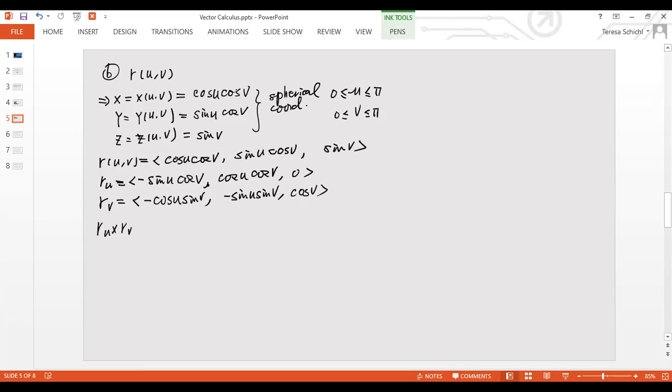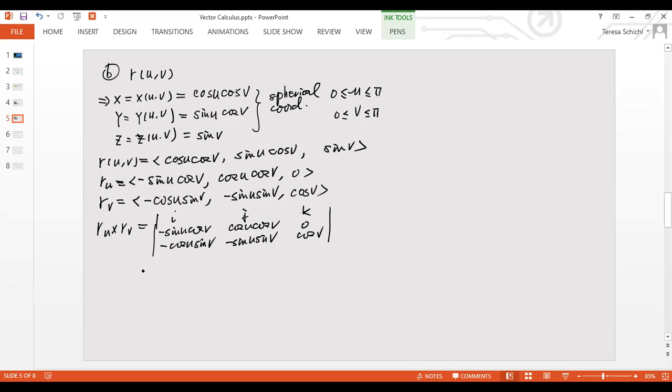Okay, so now we do the r_u cross r_v. So basically you put this into the determinant: the first row is i, j, k, then negative sine u cosine v, cosine u cosine v, 0, and negative cosine u sine v, negative sine u sine v, cosine v. I assume everybody still remembers how to do the cross product, right?